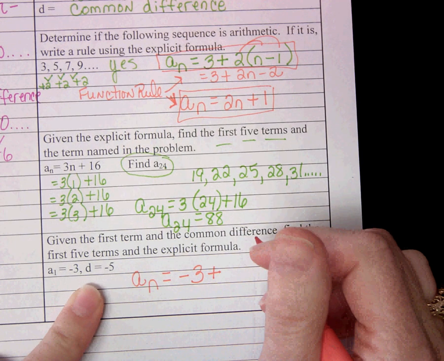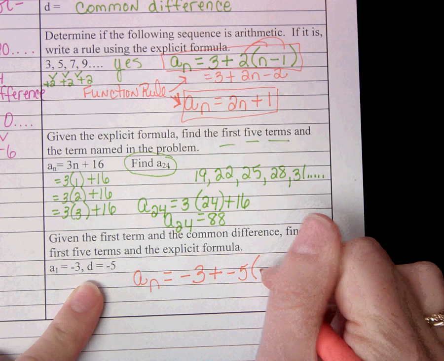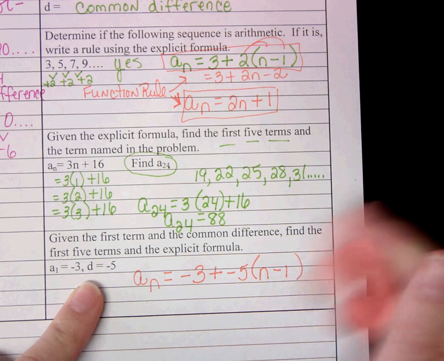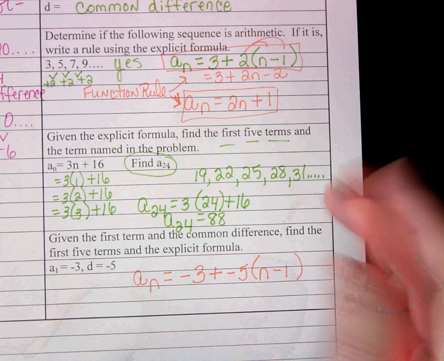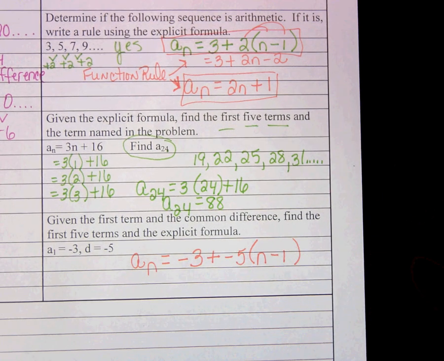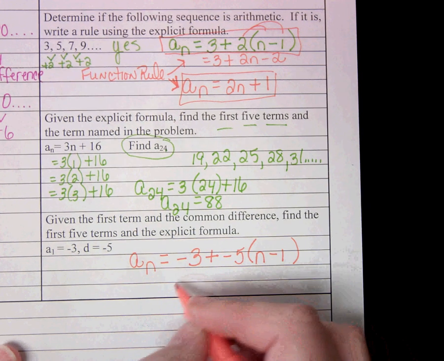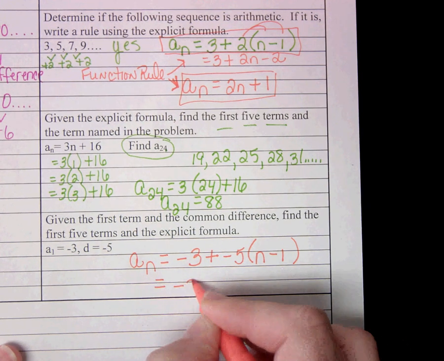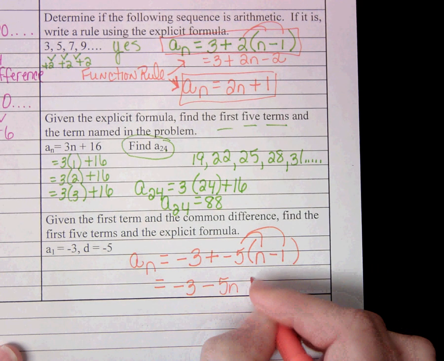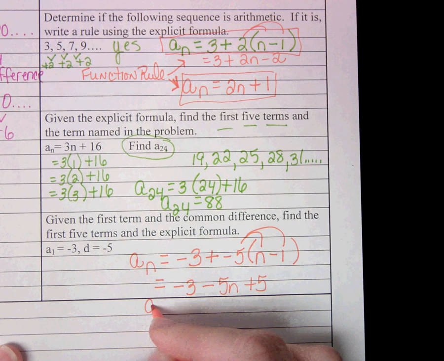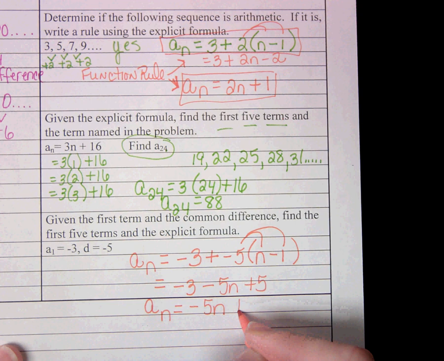So our common difference was -5 times n minus 1. Now some of you may be realizing that we could have just written minus right here instead of plus a negative, but I didn't want to throw you from the formula. This might be a perfectly acceptable answer, or we could take it and write it in simplest form.